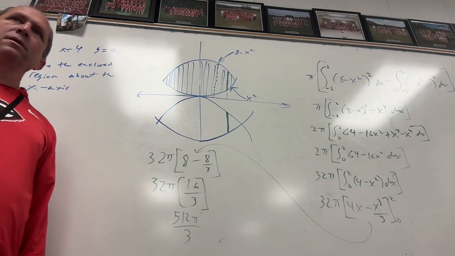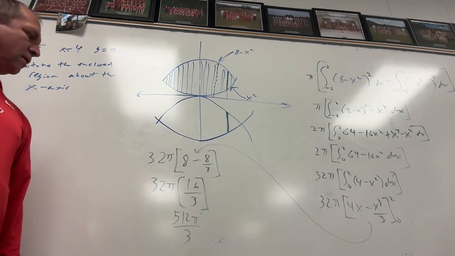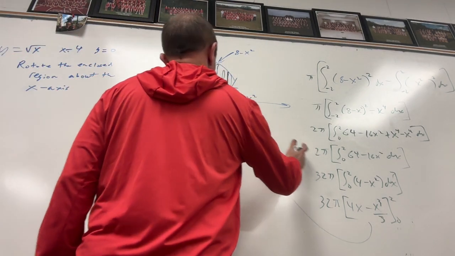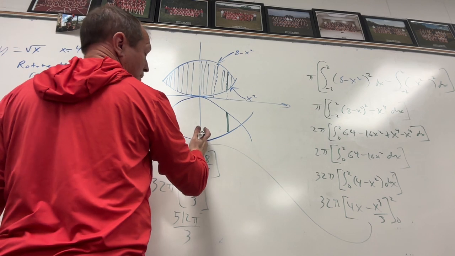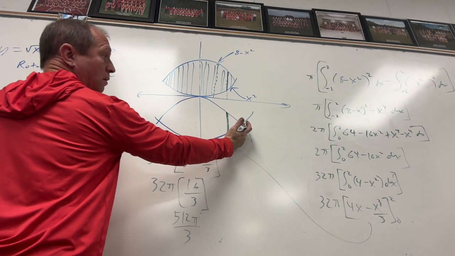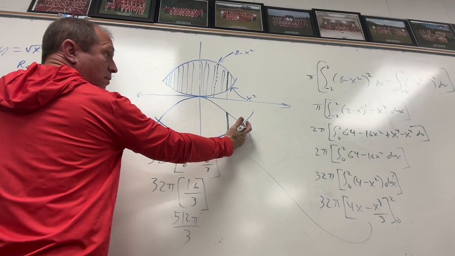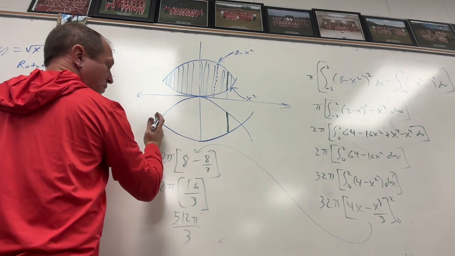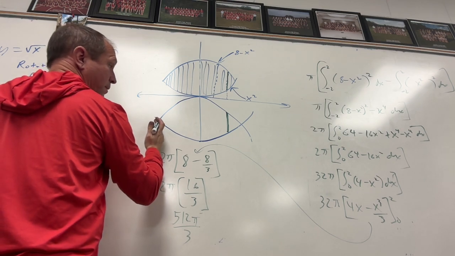Why is it again that we can take out a 2? Because the volume from 0 to 2 is identical to the volume from -2 to 0.